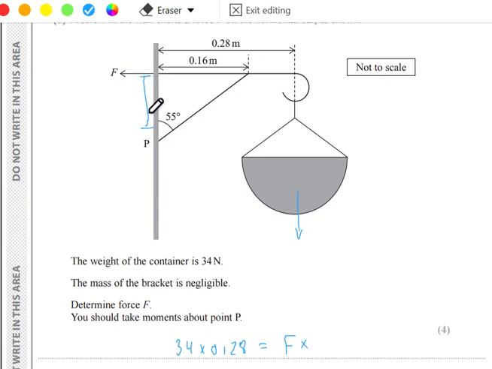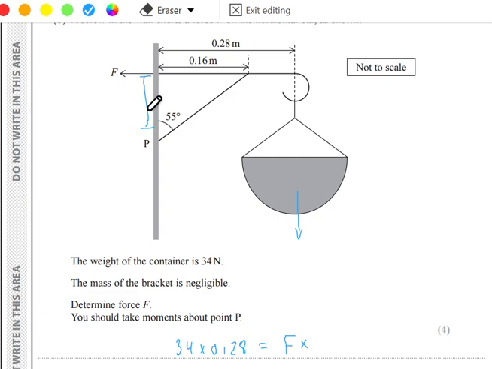How to get this distance? We can simply use the angle 55. We can use tan because we don't have this length. Sine or cosine needs the hypotenuse, so only tan can give us this length.